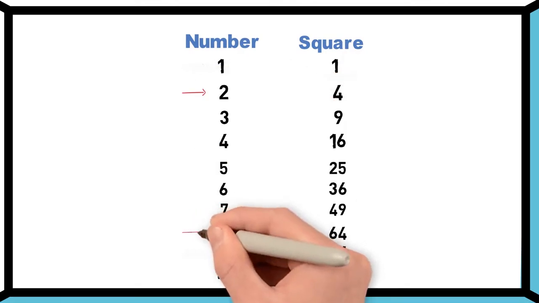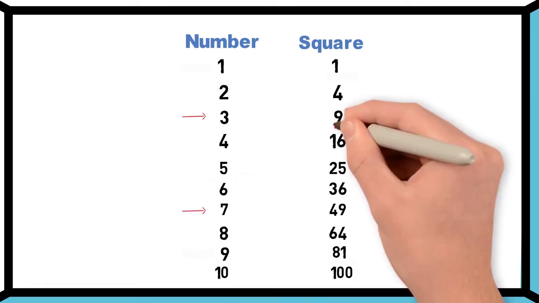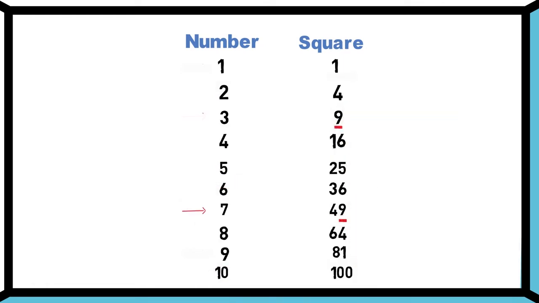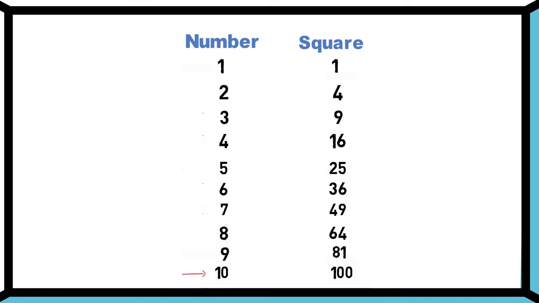The last digit of 2 and 8 square is 4. Last digits of 3 and 7 square is 9. Last digits of 4 and 6 square is 6. Last digit of 5 square is 5. And last digit of 10 square is 0.